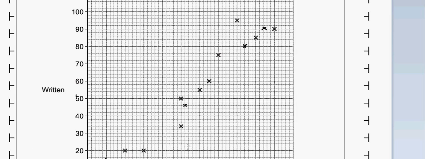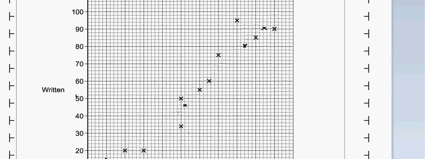Now the best line of best fit is by eye. If we were to connect all these dots, we would get a very zigzag line. So what they want is the best possible straight line that we could get running through.